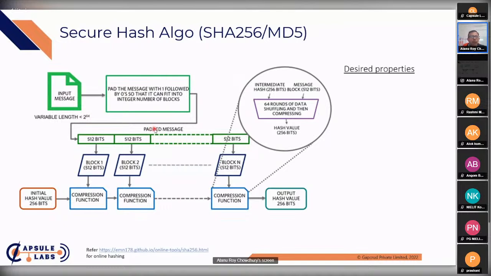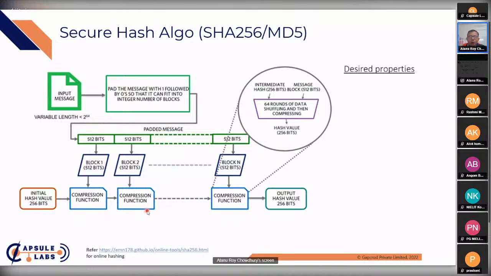The algorithm works as follows: I have an initial 256-bit value to start with. This acts as my random initialization function, or this could be my private key. Then I take my input message and chunk it up into 512-bit blocks. For each block, I have a compression function that reduces it further to 256 bits, and then the process continues.